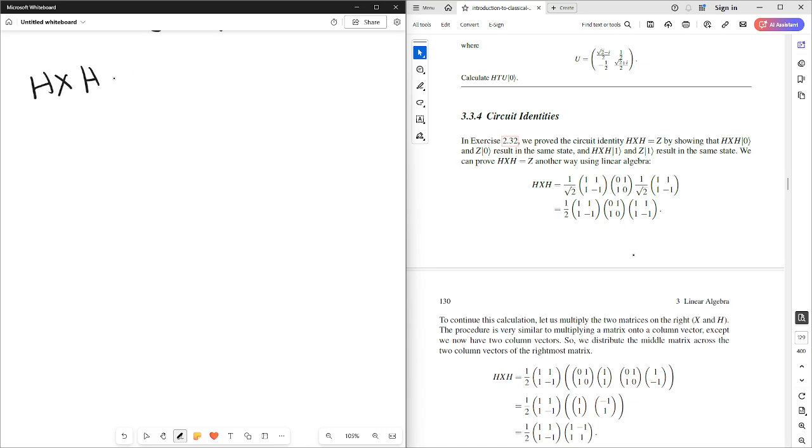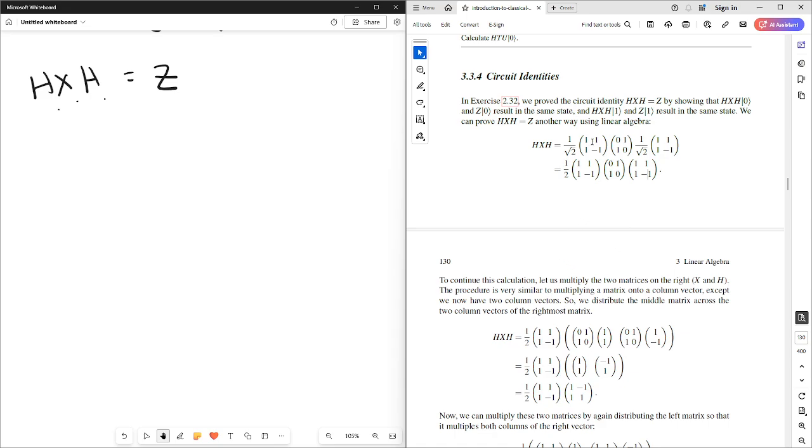Pardon me. So HXH equals 1 Z gate. We can prove this algebraically by showing the linear algebra form.